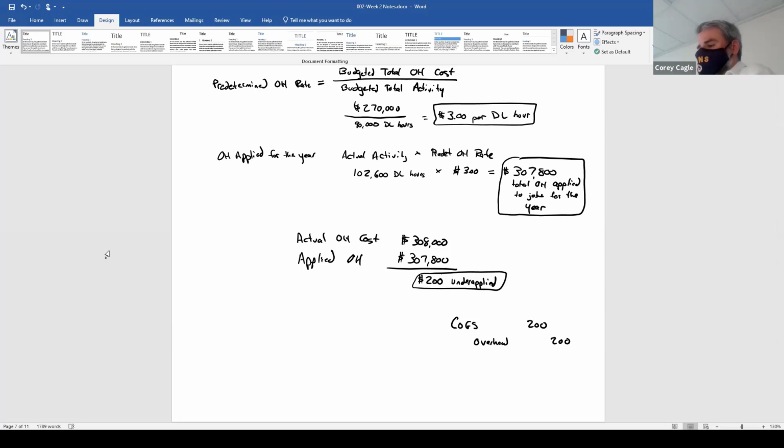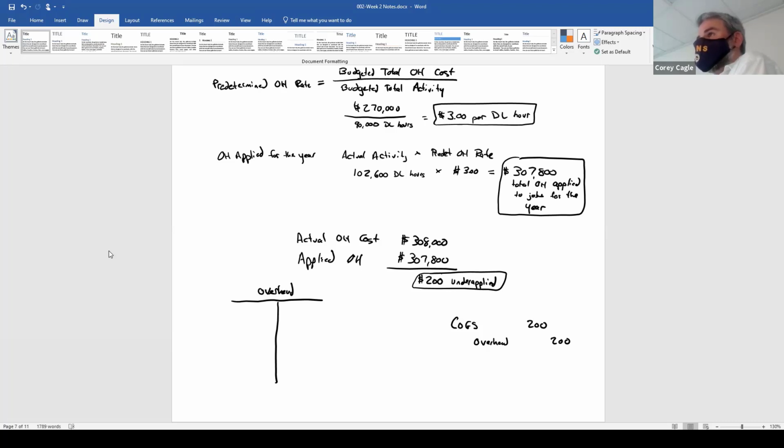That's the easiest way to think about this. Underapplied, cost of goods sold is understated. I need to increase it. If you want to approach it from the other direction, that's the T account, this overhead account. As we incur overhead, as we spend money on rent, we would debit overhead and credit rent payable.